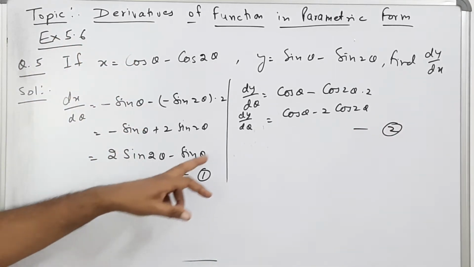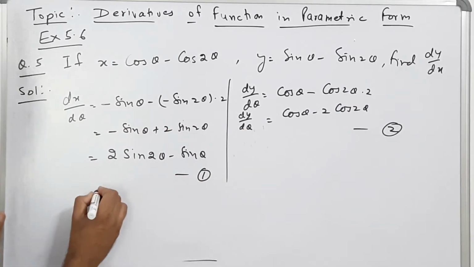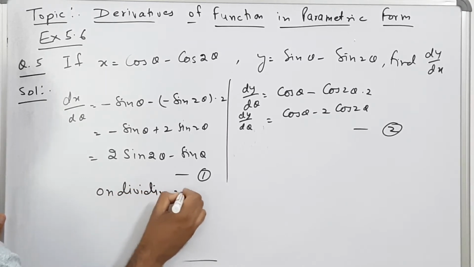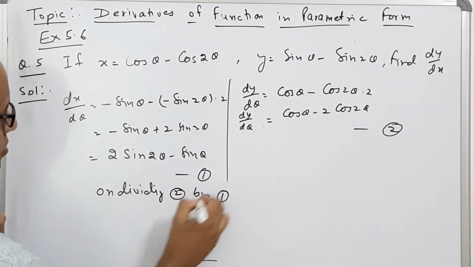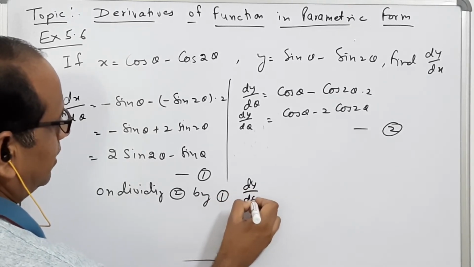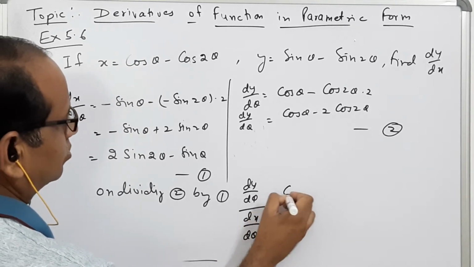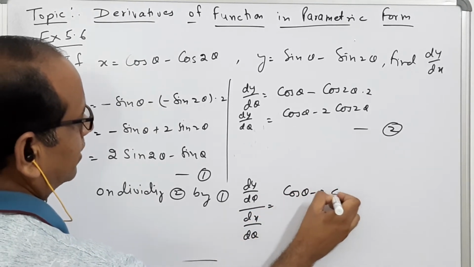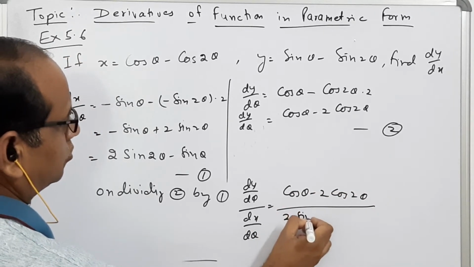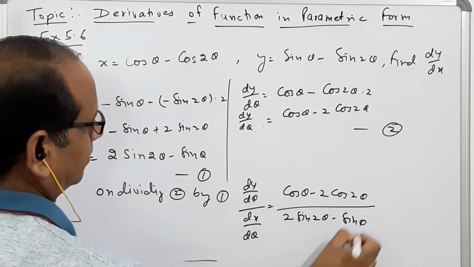And now to find the dy by dx, we divide the second by the first. So on dividing second by first, what you get is dy by d theta upon dx by d theta equals cos theta minus 2 cos 2 theta upon 2 sin 2 theta minus sin theta.